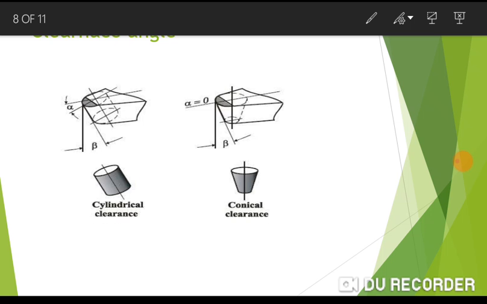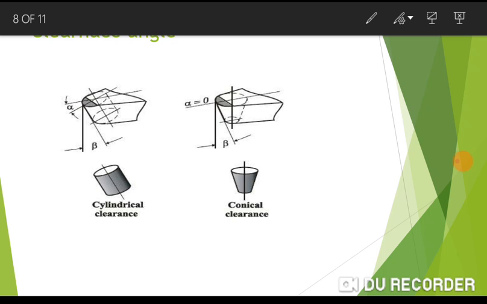You can see there is a tilted cylinder making some angle with the vertical. This angle of the tilted cylinder with the vertical is known as the clearance angle. This type of tool has a constant radius and stronger structure, and because of this, these tools are widely used than the conical tools.